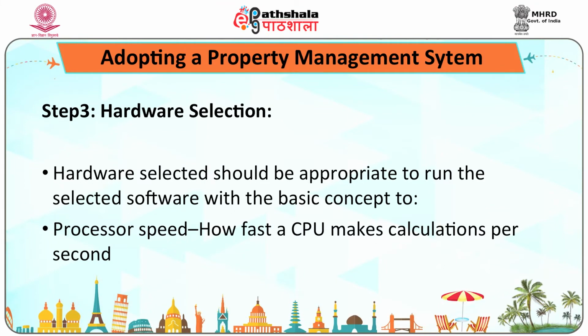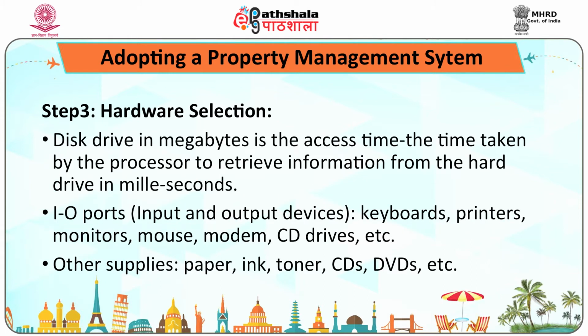Now I shall be talking about hardware selection. Hardware selected should be appropriate to run the selected software, with the basic concepts. One is processor speed, how fast the CPU makes calculations per second, which should be considered. Next is the disk drive in megabytes and access time, the time taken by the processor to retrieve the information from the hardware, in milliseconds.